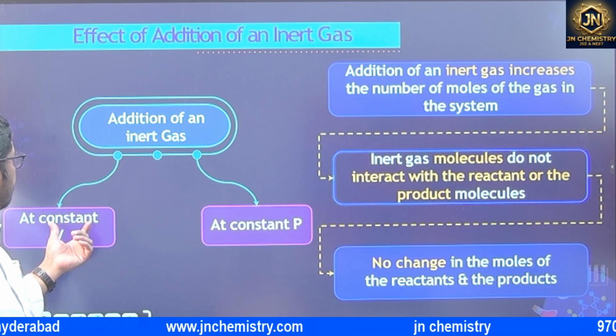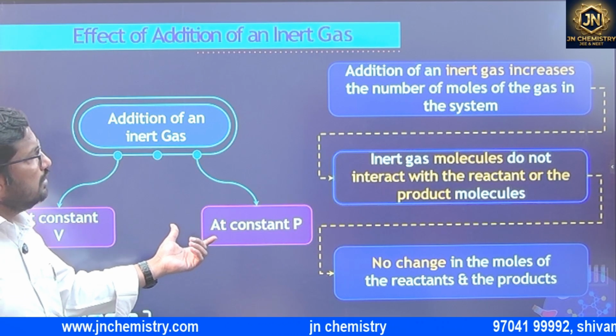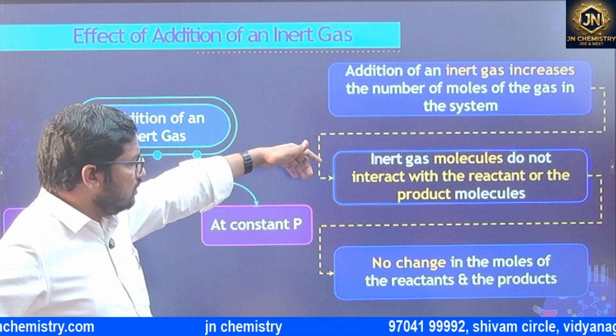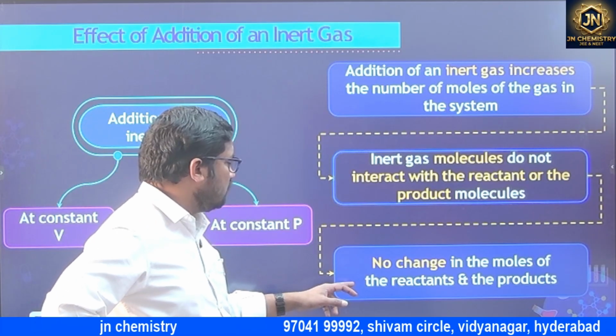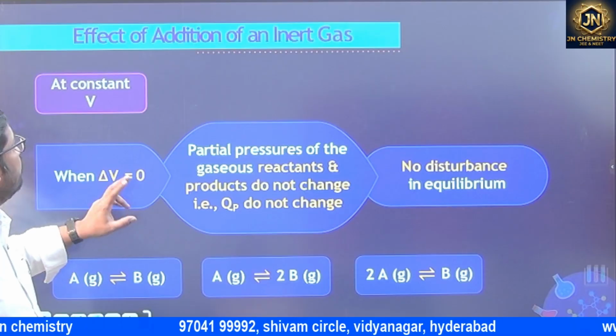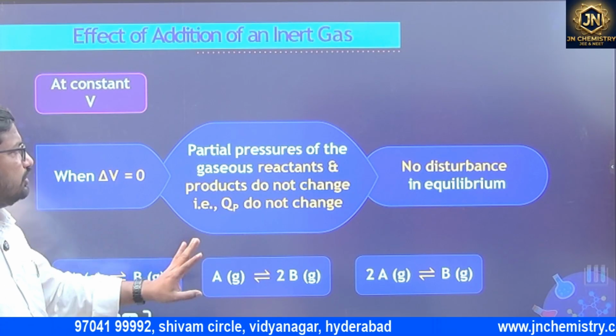Addition of inert gas at constant volume and constant pressure, I told you. With inert gas, the number of moles of gas in the system changes, but there is no change in the moles of reactants and products. At constant volume, there is no disturbance at the equilibrium, no change.